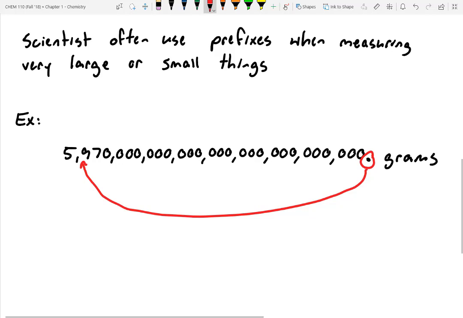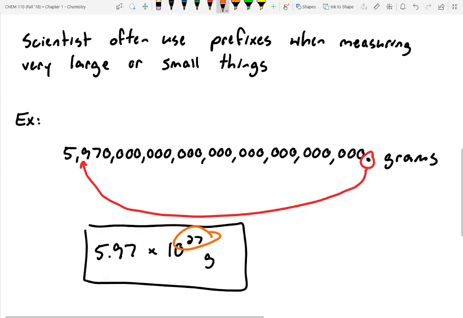So what we'll do is rewrite this, and we'll say, if we move that decimal point 27 places over, that would be now 5.97 times 10 to the 27th grams.